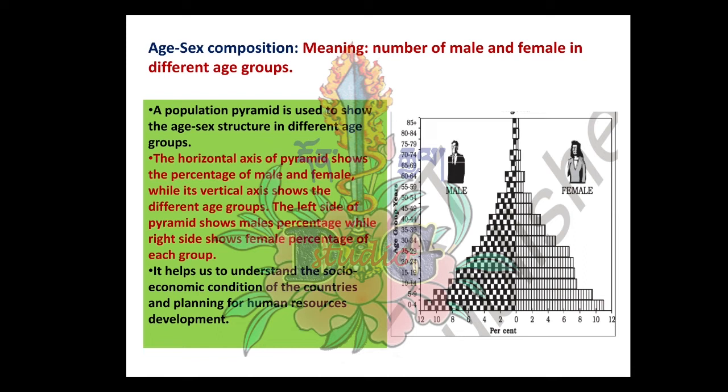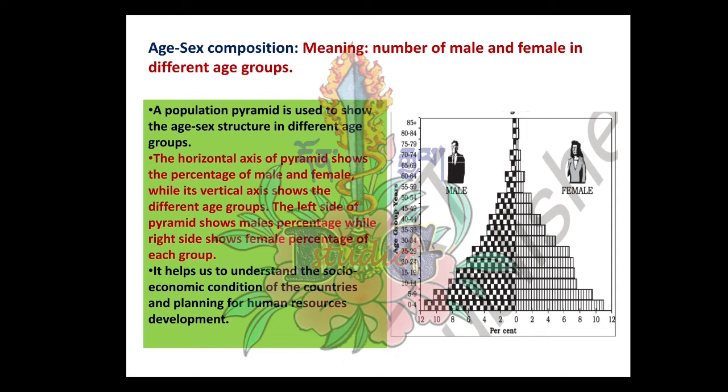On the right side we have the female population in different age groups, and on the left side we have the male population in different age groups, and on the vertical axis what we have is the different age groups. Here they have divided the age groups in more detail. 0 to 4, 5 to 9 is one age group. So for 0 to 4, how many male populations are there in a particular country, and for 0 to 4, how many female population in a particular country.